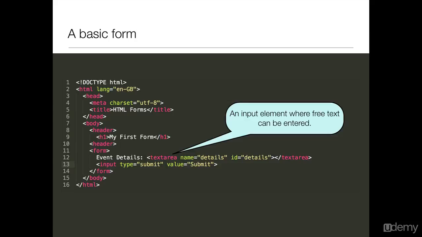So between the two tags delimiting the text area, I could include some text, perhaps from a previous input event, and have the user able to either change that completely or just simply edit some of the free text in there.